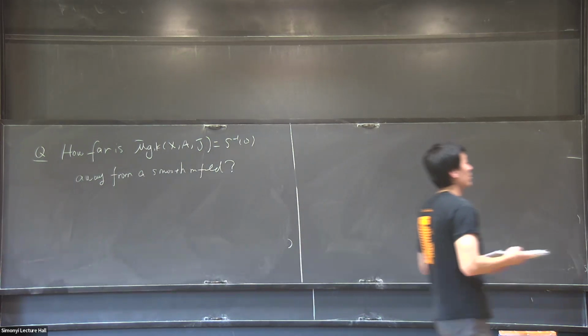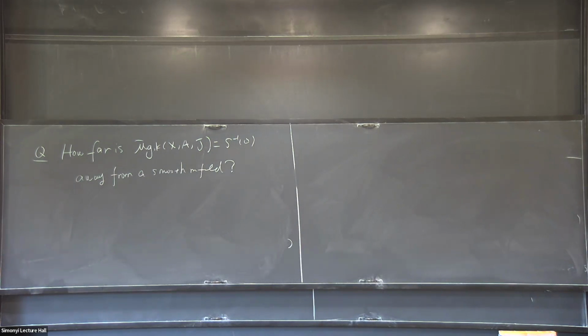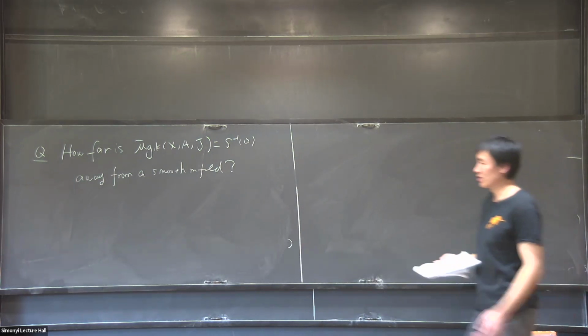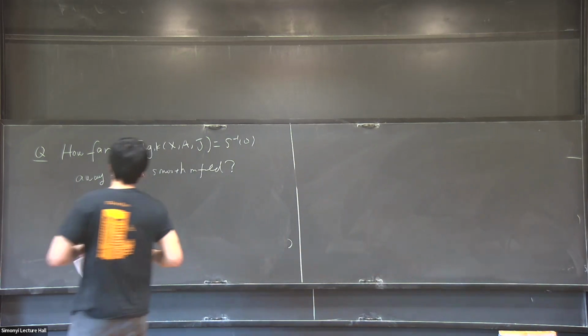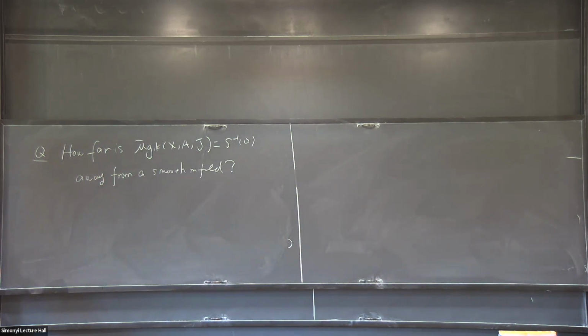Because elements in the complex cobordism group are represented by smooth, stably complex manifolds, and we start with some kind of strange gadget, and we want to ask ourselves how far that is from being a smooth manifold.